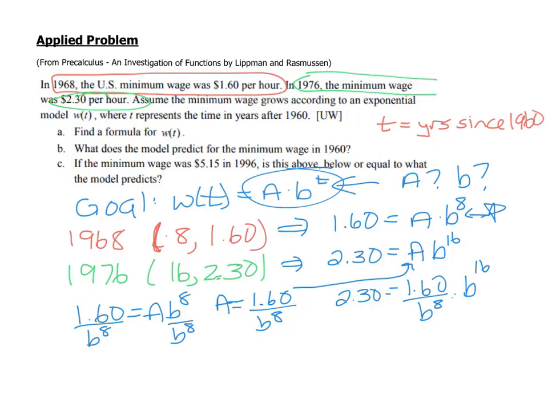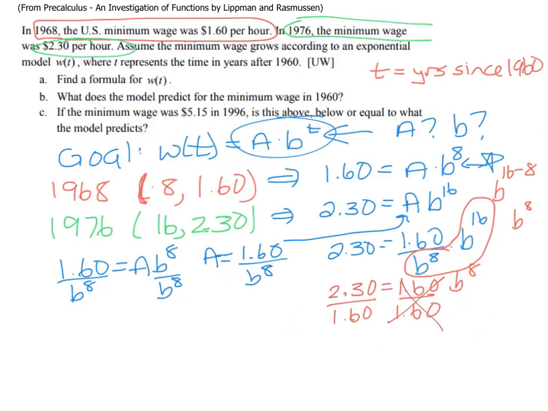Notice that these have the same base, so I can combine those. I can just subtract those exponents. 16 minus 8 is going to be B to the 8th. So I have 2.30 equals 1.60 B to the 8th. Divide both sides by $1.60. Those cancel out, so now I have B to the 8th is 2.30 divided by 1.6.